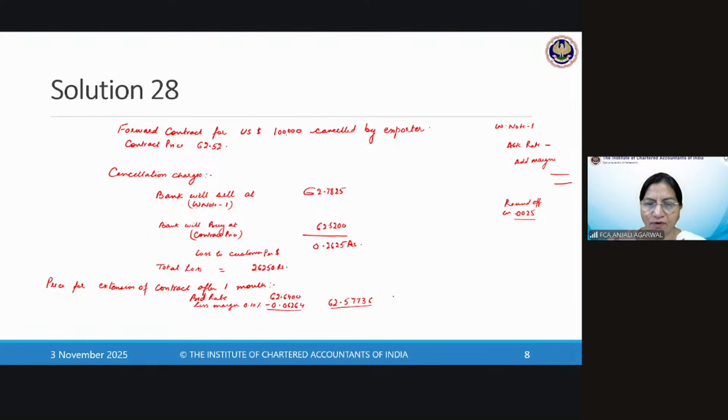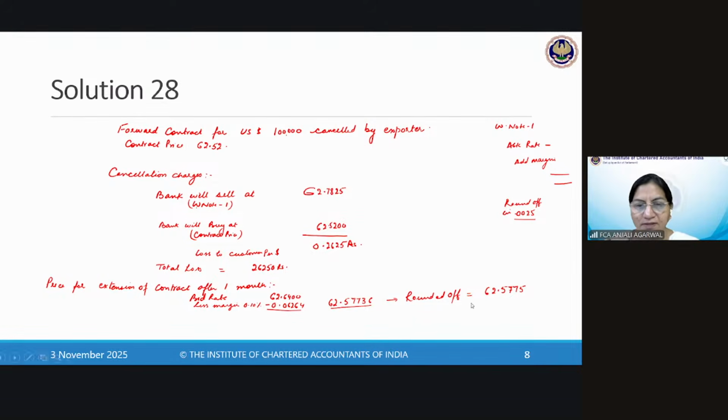Once again, round off. $62.5775. Rounded off in multiples of 0.0025.